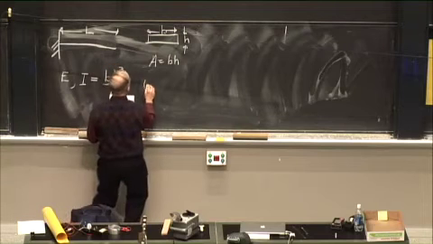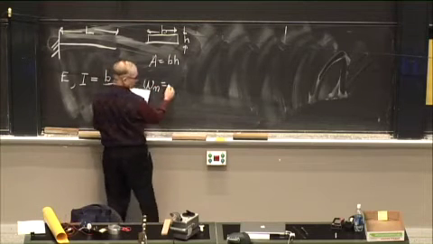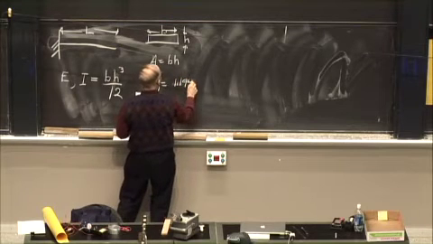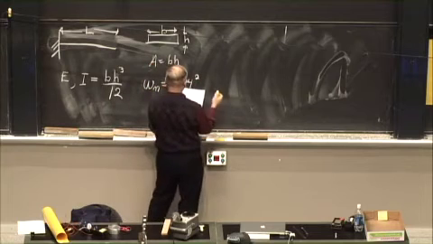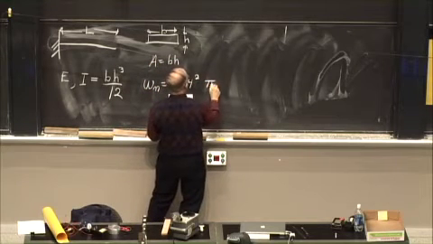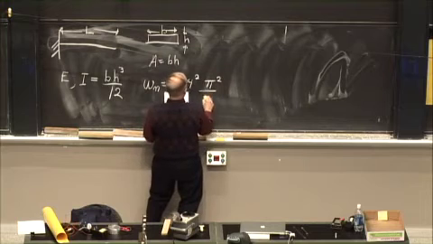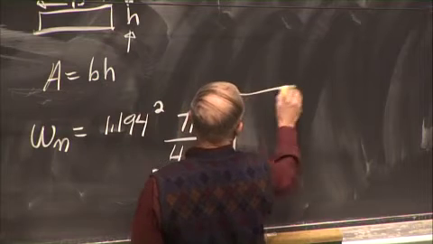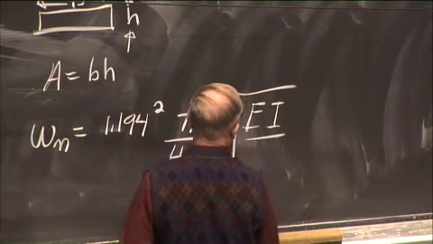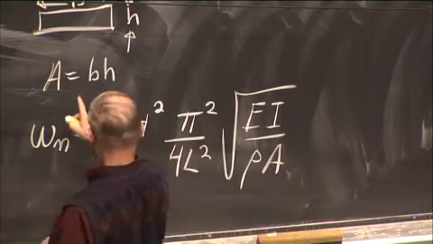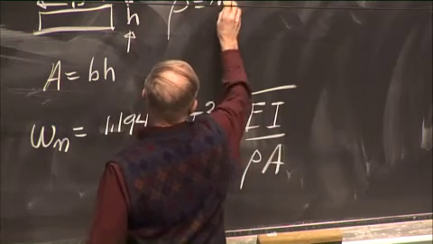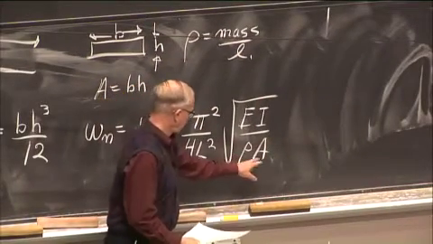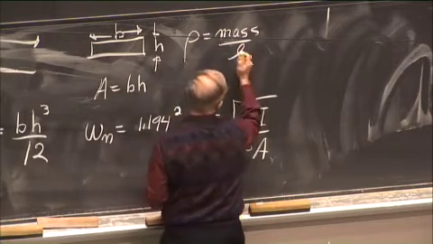And that is omega n equals 1.194 squared, just a number, times pi squared over 4L squared square root EI over rho A. And rho is the mass per unit volume.